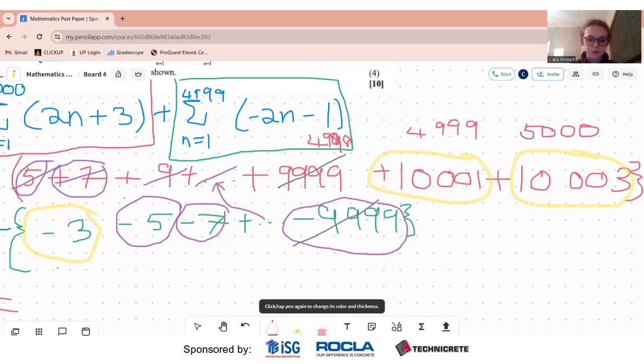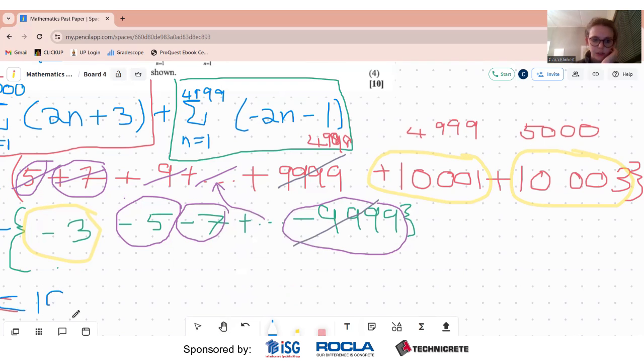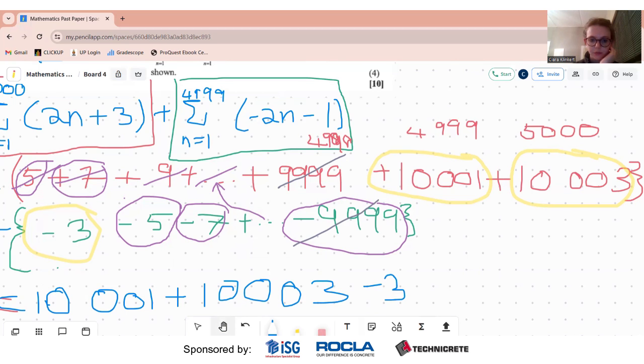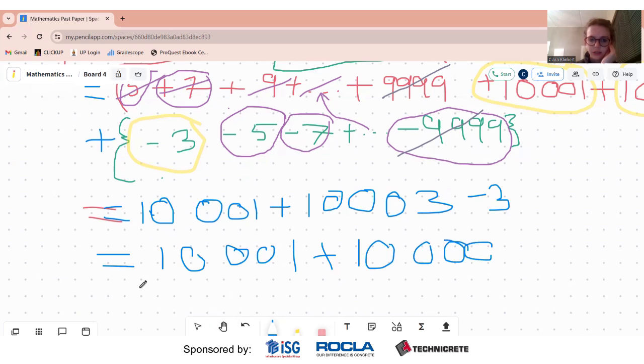So my sum is now equal to 10,001 plus 10,003 minus 3. And this is going to be equal to 10,001 plus 10,000, because this 3 is subtracted by that 3. So 10,001 plus 10,000 is equal to 20,001. And that is how you do this question.